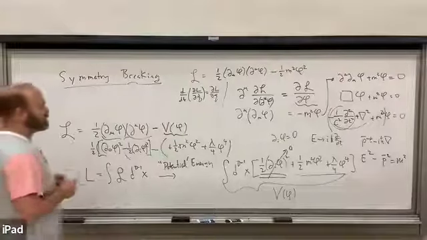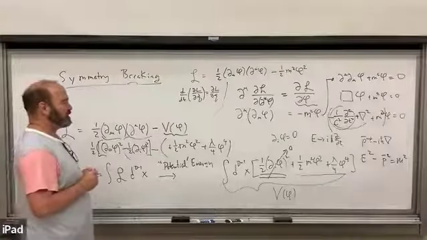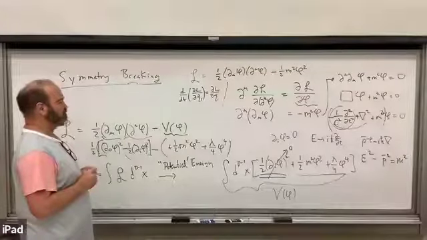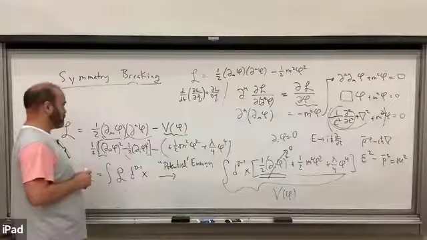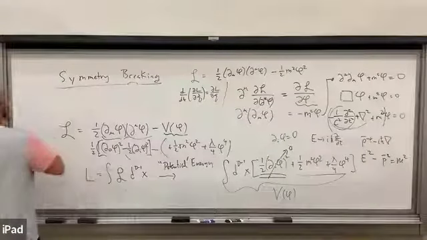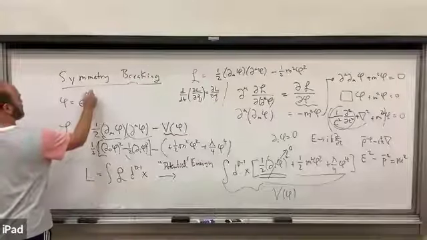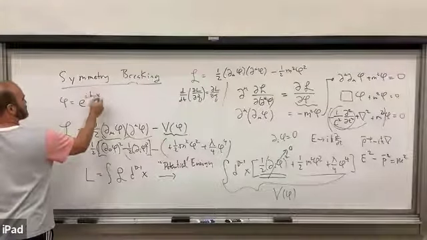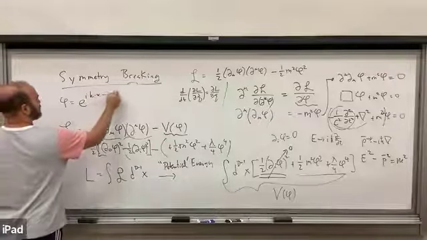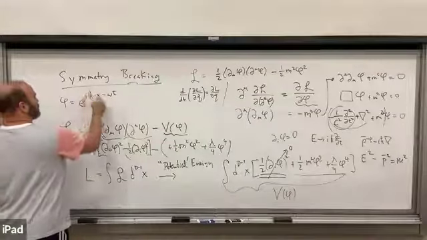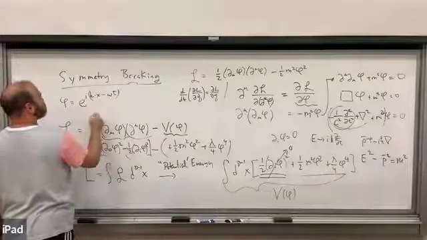It's just cracking through to see that this is actually mass. So for phi, you can assume it's an amplitude times e to the i(kx minus omega t). And we know that k and omega are related to momentum and energy.